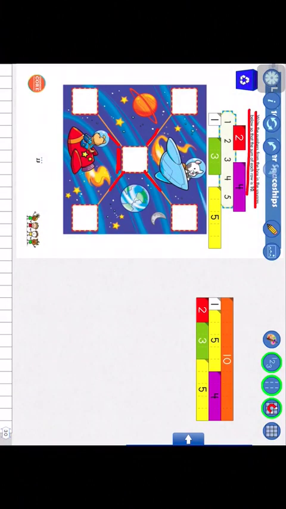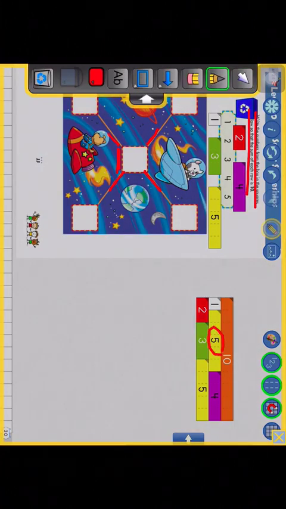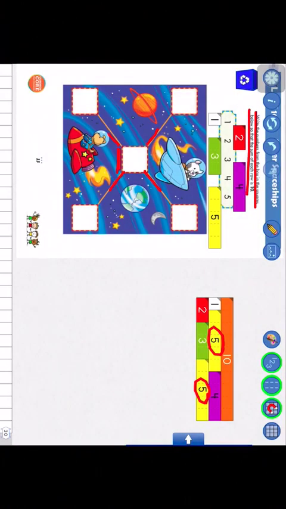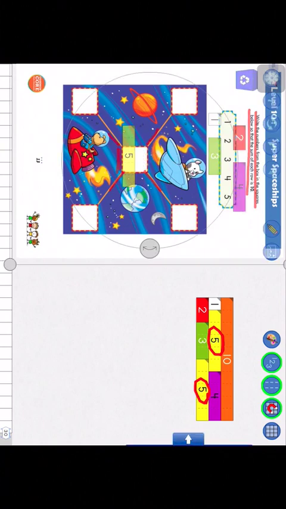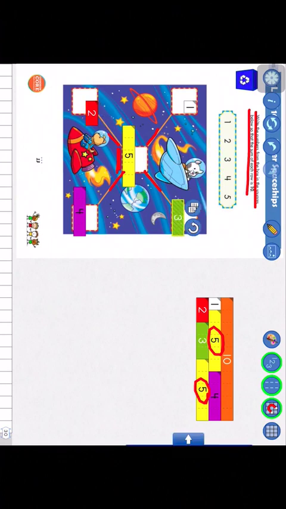So which numbers on the right are shared among the two combinations? It's 5. So we're gonna put 5 in the middle and then fill in the rest. 5, 1, and 4 is a combination. And the other pairs would be 5, 2, and 3.